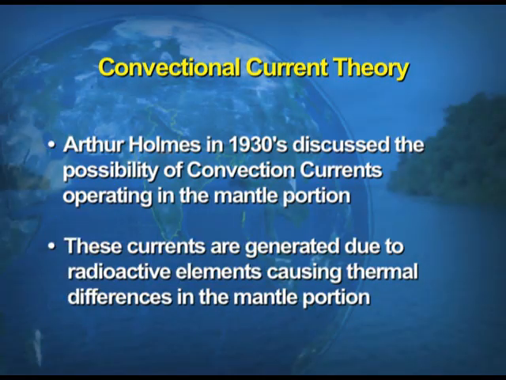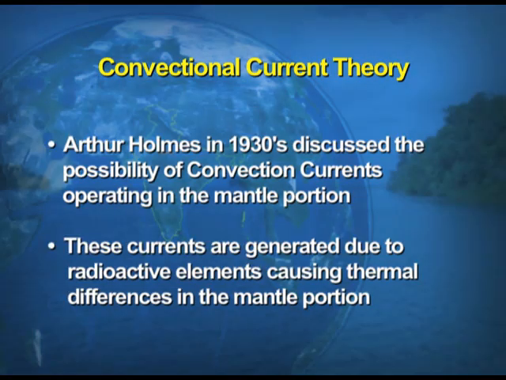A number of new studies came after Wegener put forth his theory. One of the most convincing theories about this was the convectional current theory put forth by Arthur Holmes in 1930. It discussed the possibility of convection currents operating in the mantle portion of the earth as one of the forces responsible for drifting of the continents.